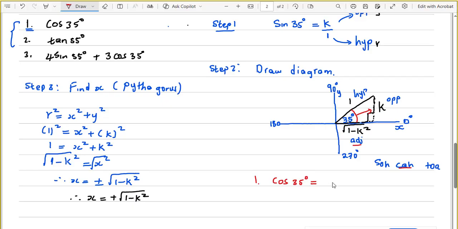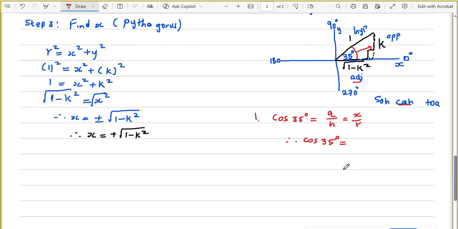So I know that cos is adjacent over hypotenuse, and my adjacent is x, and this is r. Therefore, the cos of 35 degrees equals x, what we just calculated, which is the root of 1 minus k squared, divided by r, which is 1. Therefore, the cos 35 degrees is just the root of 1 minus k squared. Are you happy with that?